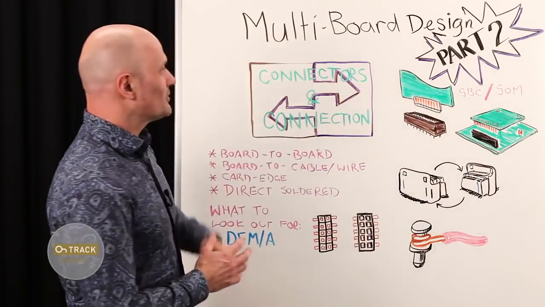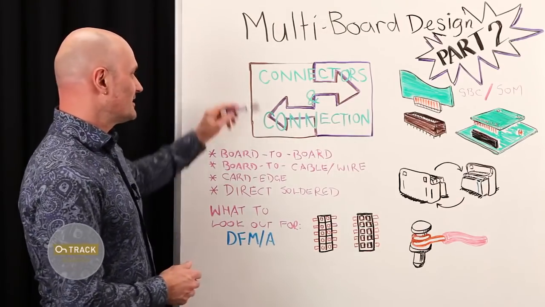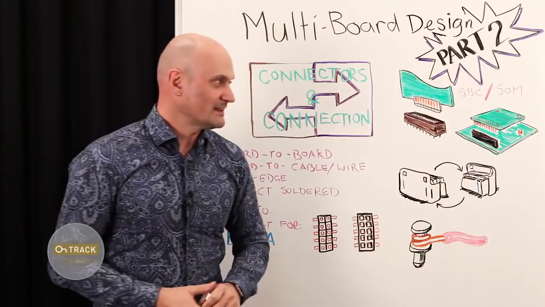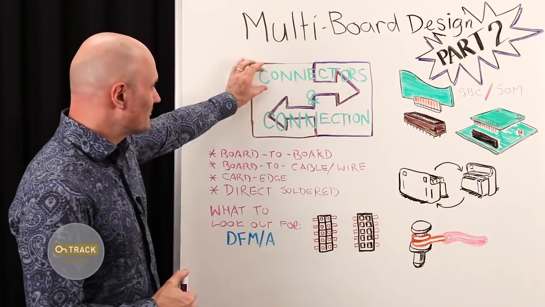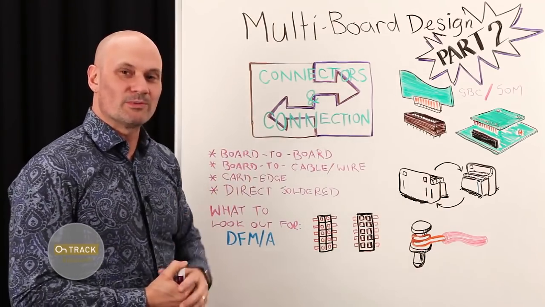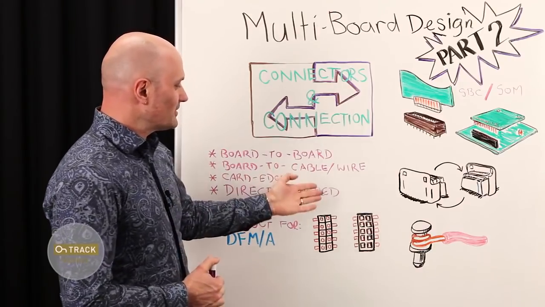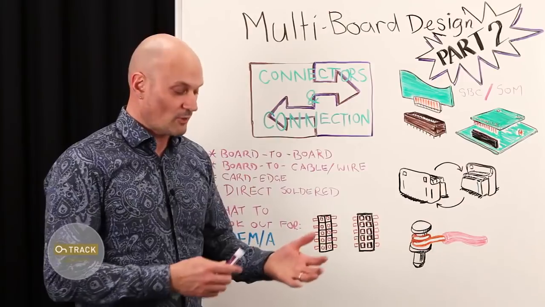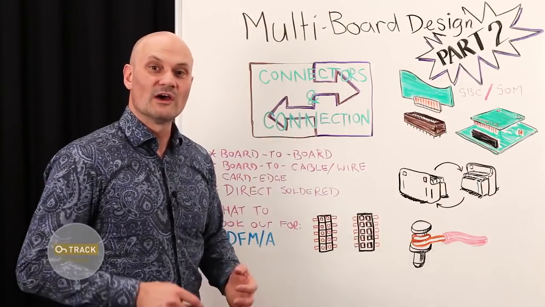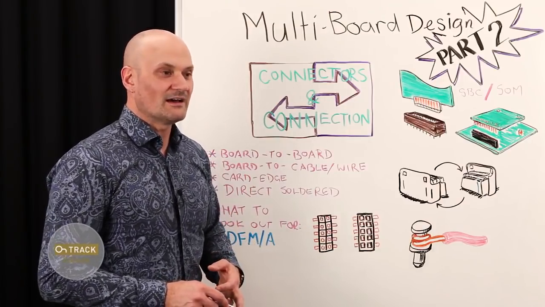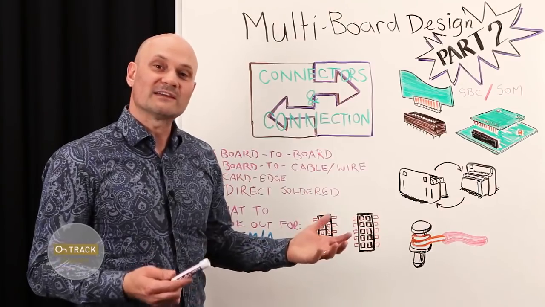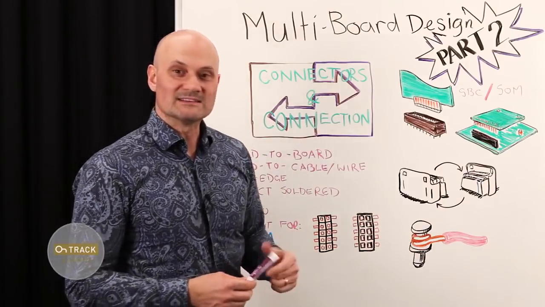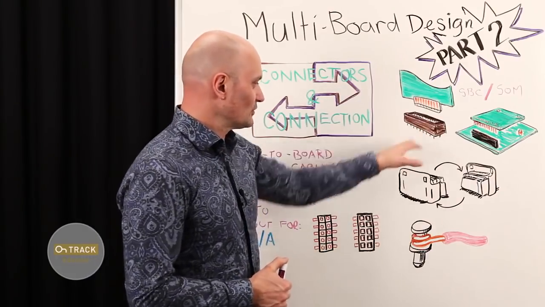And what I want to talk to you about today is connectors and connection. And really, for the most part, connectors. It's a very important thing. If you're designing a multi-board system, at some point you have to make a few decisions about what kinds of connectors you're going to use, what kind of connectivity, and there's a few factors in deciding which connector mechanism to go for, which sort of solution to go for.